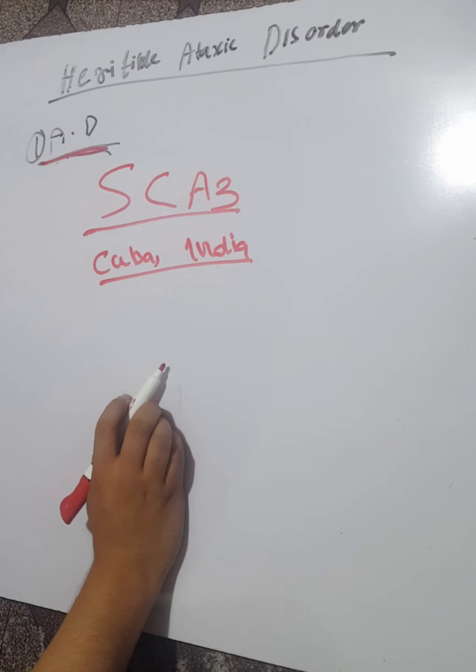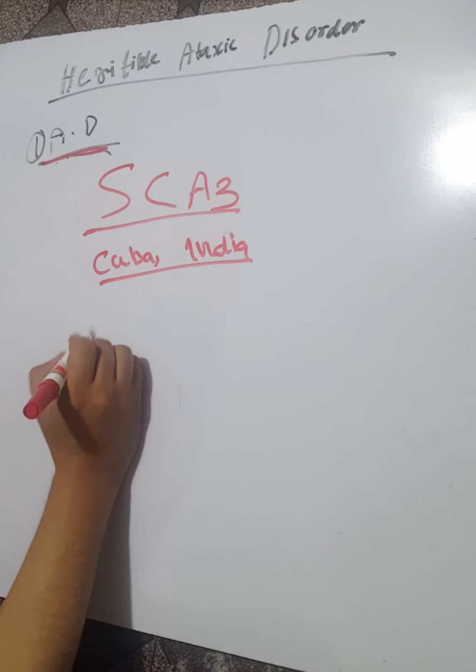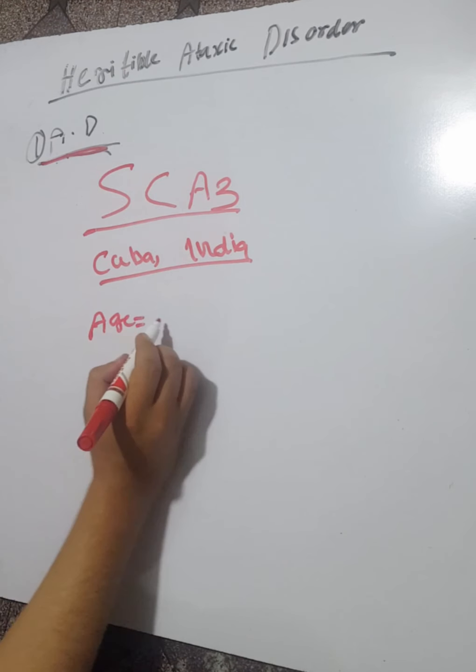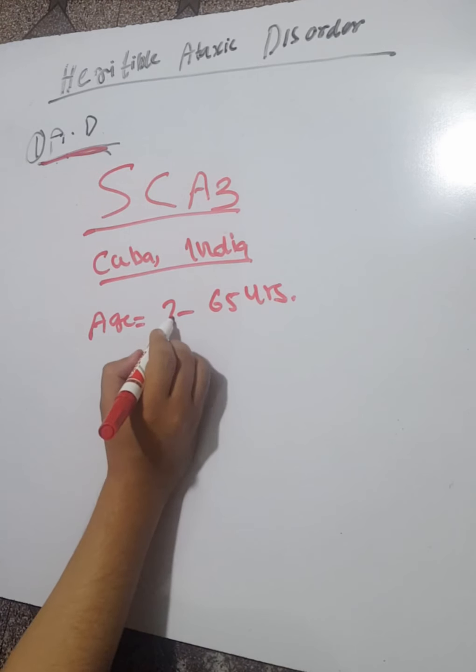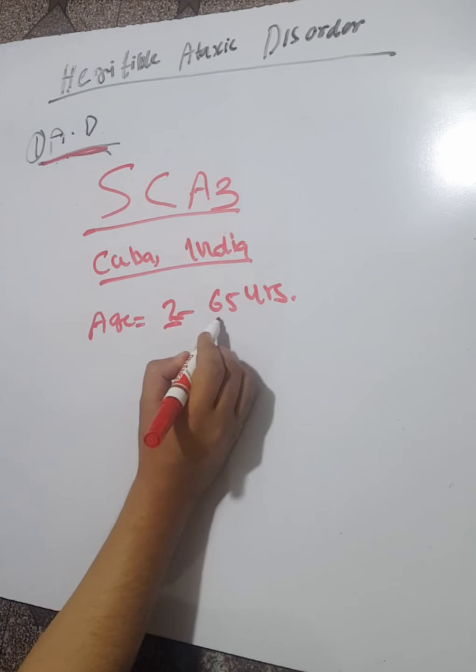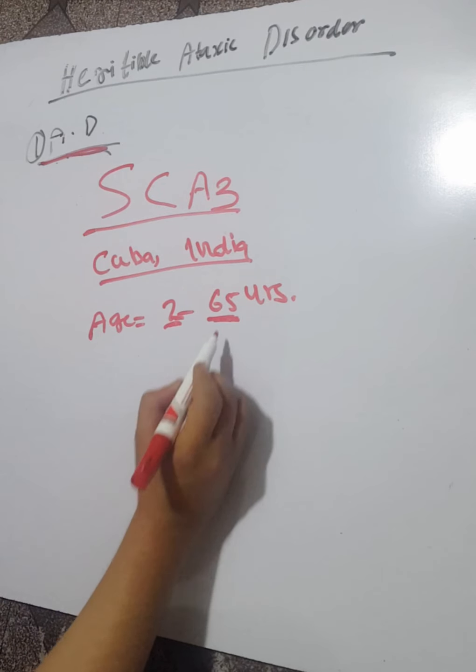The age of onset for SCA3 is 2 to 65 years. That may occur in children and in adults or elderly people.